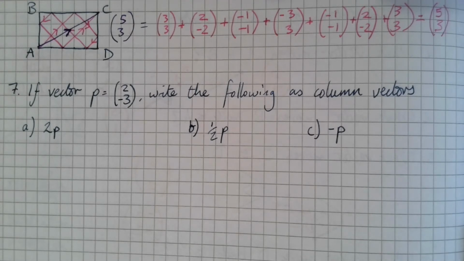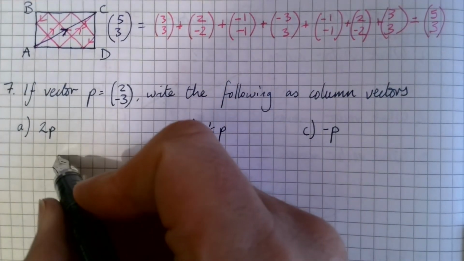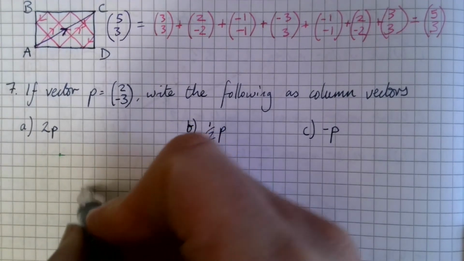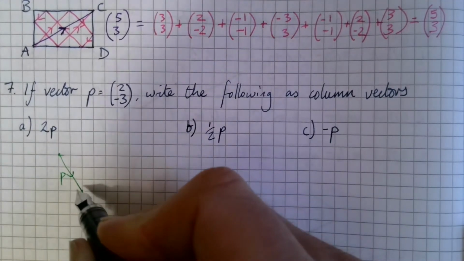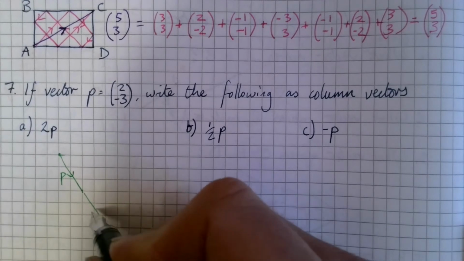So when I said try drawing it out, what I meant was p is 2 to the right and then down 3, so that is p. So 2p would just be do that twice.